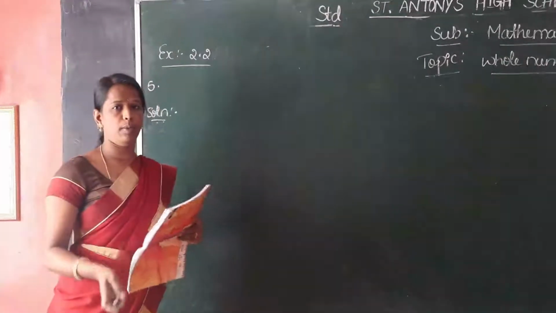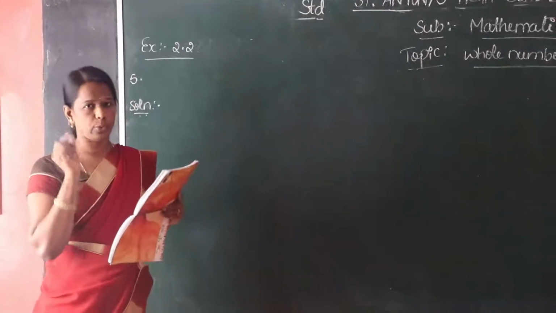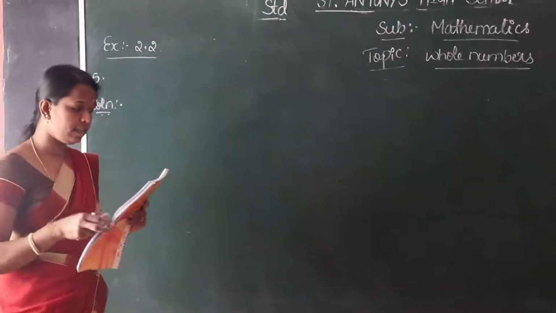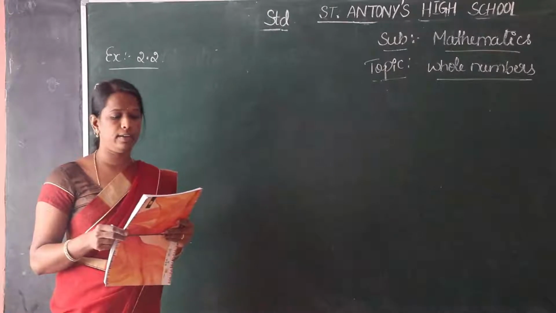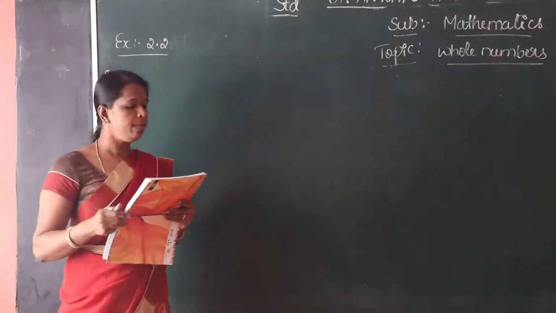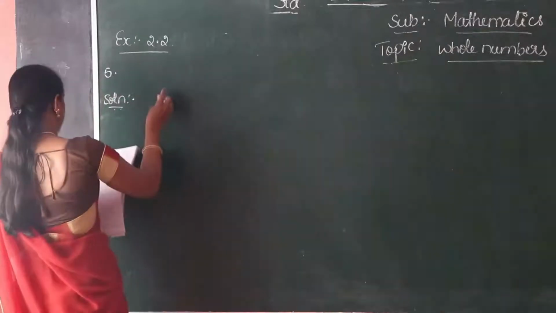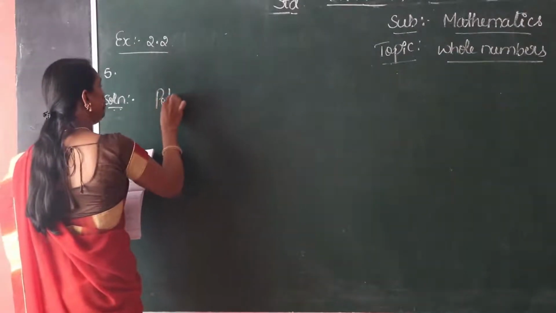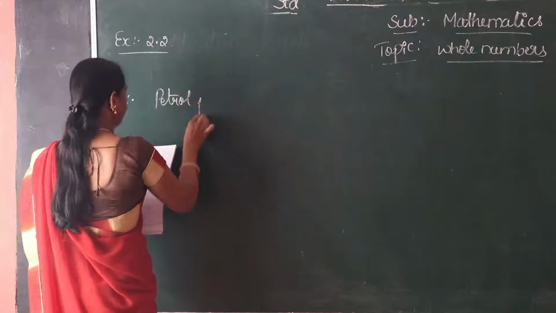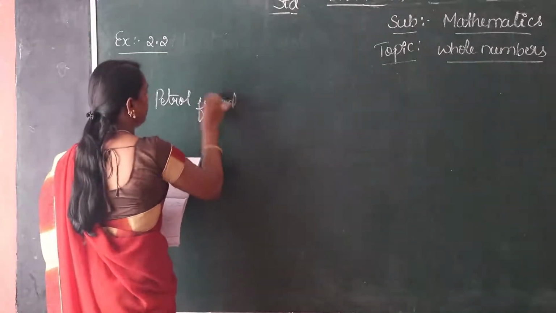Here is a word problem. Read the question twice. A taxi driver filled his car petrol tank with 40 liters of petrol on Monday. Petrol filled on Monday, how much?